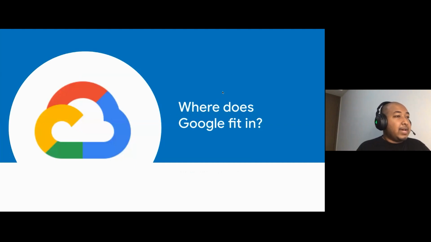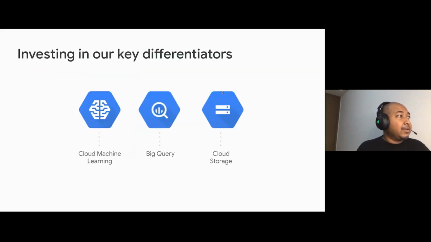All right, where does Google fit in? There are public cloud providers. I don't want to call out some names, but there are public cloud providers you might be familiar with already. If you take all these public cloud providers and then Google Cloud, you'll find there are some interesting products inside Google Cloud, like the machine learning pieces.